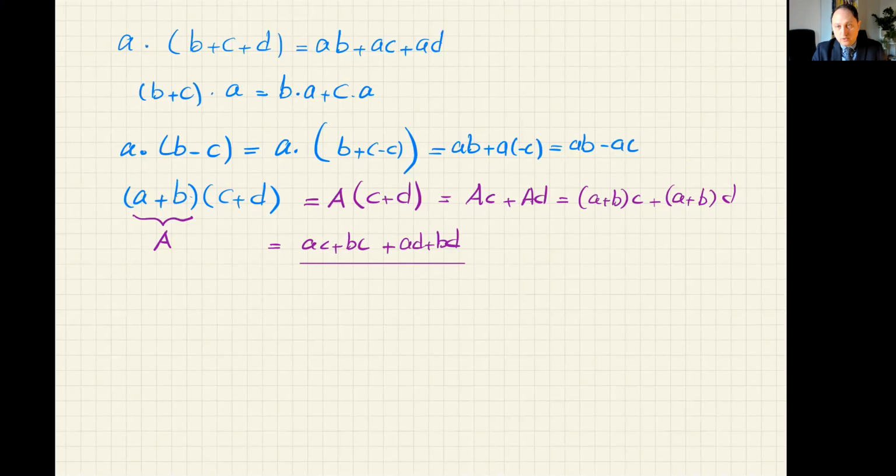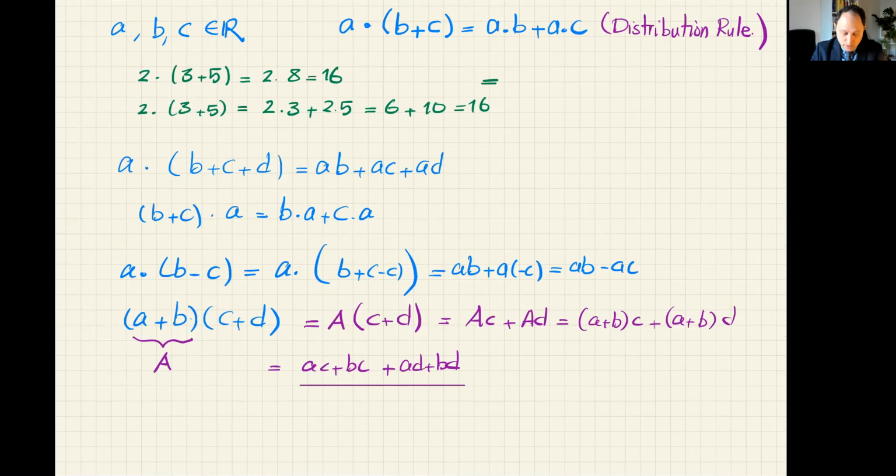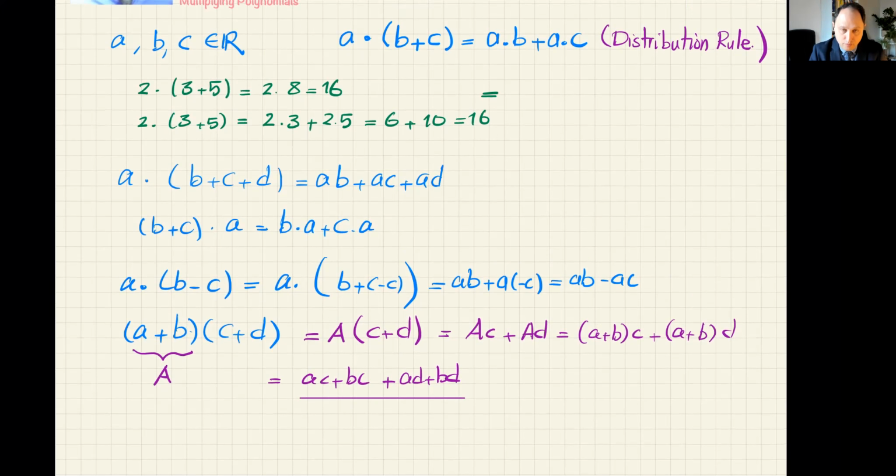But I want you to understand why distribution law, because you know that in mathematics, whatever you have to do, you have to follow exactly the rules. This rule is for 3 numbers, A, B, and C. But now for expansion of this, I have 4 numbers involved, A, B, C, and D. I cannot immediately and blindly use the distribution law here because distribution law is something for 3 numbers, but I have here 4 numbers.